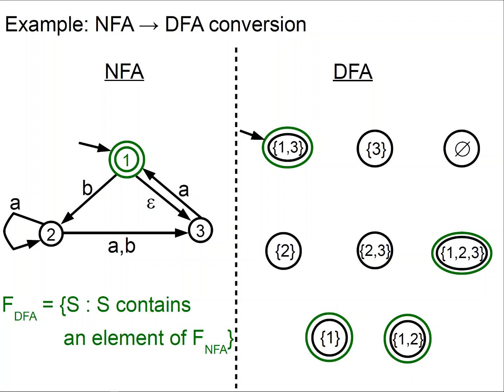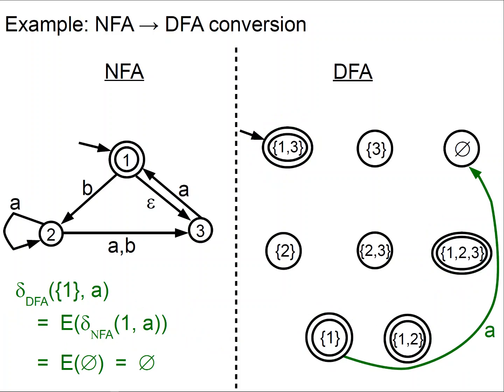The set of accept states are the states that contain an element of the set of accept states in the NFA. The NFA only has one accept state, 1. So now every state on the right which contains 1 will be accept. We have 4 accept states. And now we have to put the transitions.